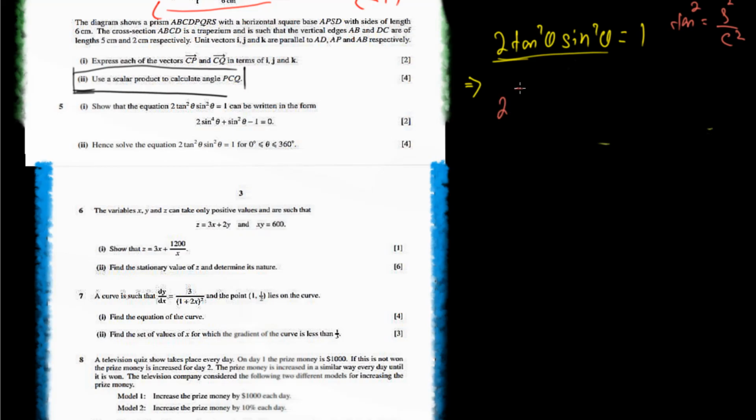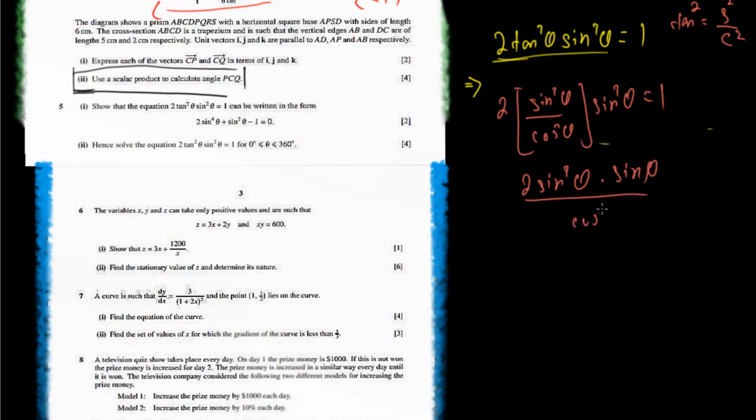So 2 multiplied by sine square theta by cos square theta multiplied by sine square theta is equal to 1. 2 sine square theta multiplied by sine square theta divided by cos square theta is 1. 2 sine square multiplied by sine square gives me 2 sine 4 is equal to 1 multiplied by cos square theta. What I'm doing here is shifting my cos square to the right hand side. So we are dividing on this side, on the other side we will multiply.